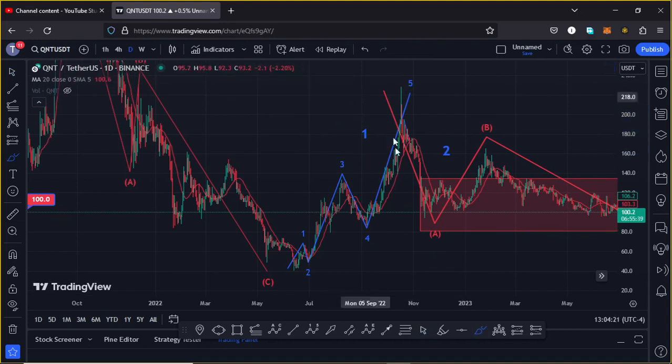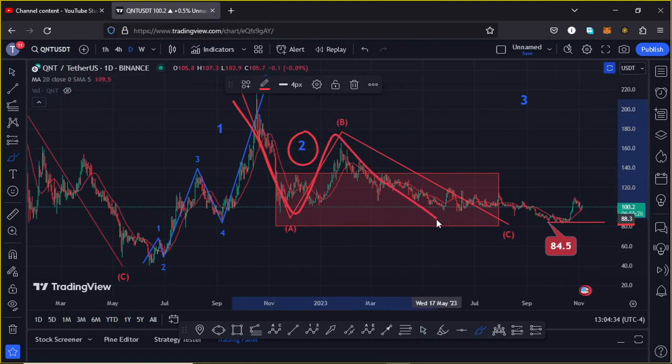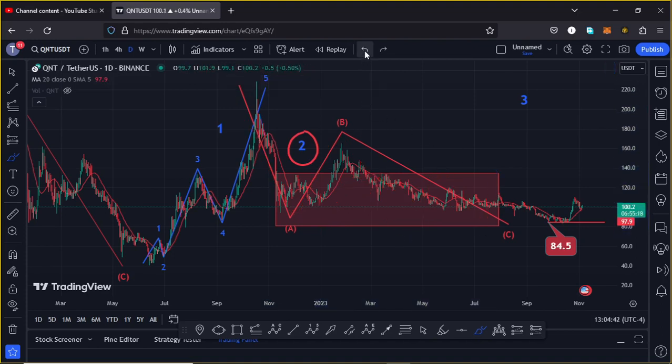And after seeing the formation of that first wave, we started another corrective structure over here in the formation of this wave 2, where we saw this pullback in this ABC corrective structure into the minimum target area highlighted on the charts using this red target area, which is an area that we have now fully maximized, and we managed to get a low at around the $84.5 mark.